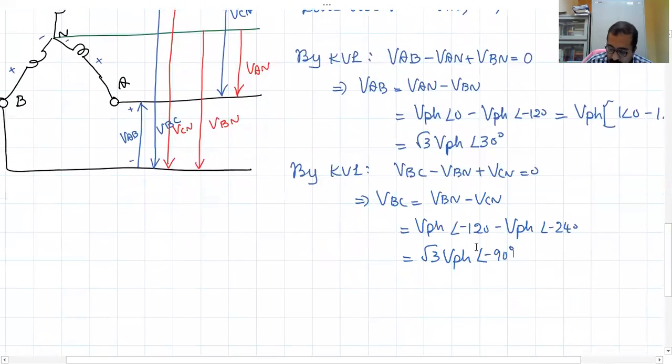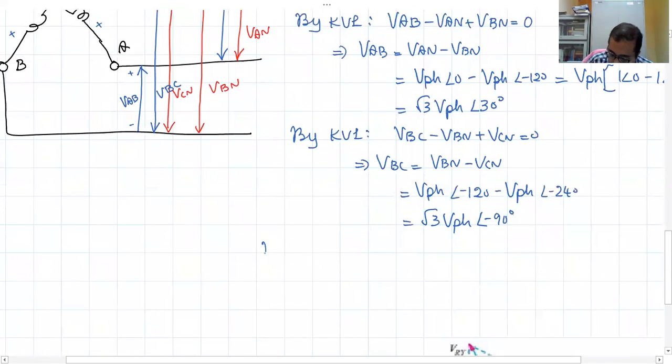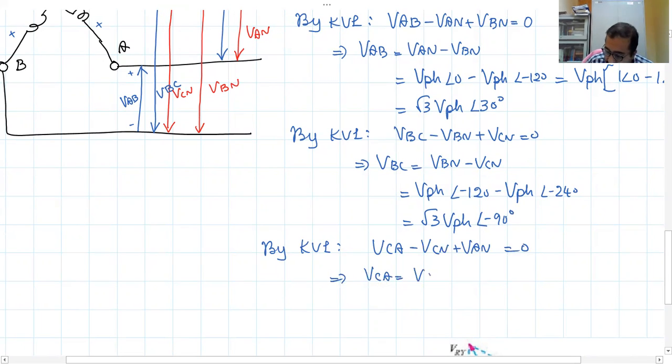Similarly, if you apply KVL to the other loop, what did you get? VCA minus VCN plus VAN equal to 0, or VCA will be VCN minus VAN. What is VCN? VPH angle minus 240. What is VAN? VPH angle 0.